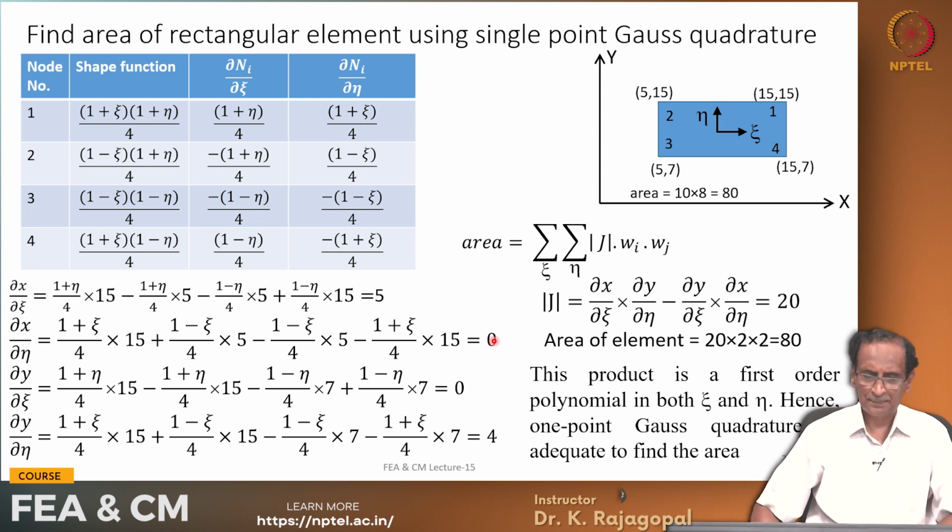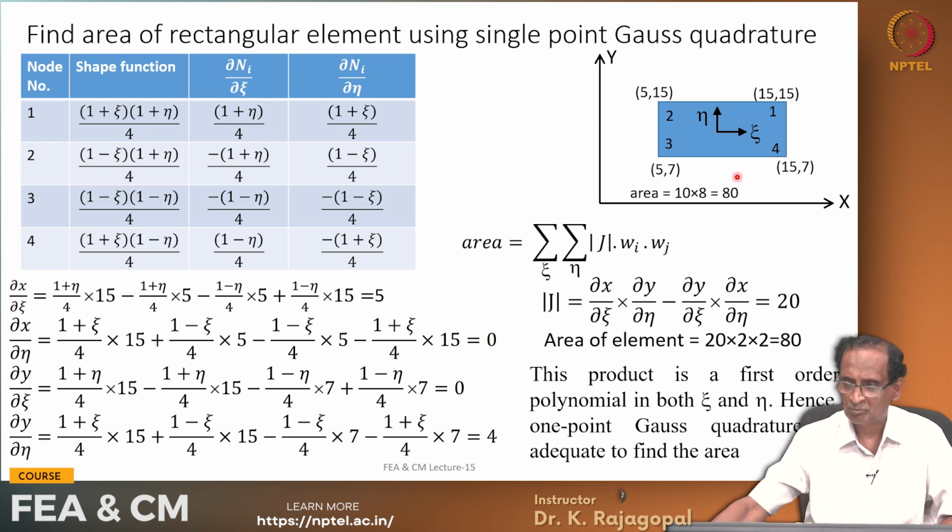So why did we get this type of answer? Dou x by dou xi is an absolute constant, and dou x by dou eta is also an absolute constant, but it's 0. Why? When you look at the shape of the element, a rectangle, xi and eta are coinciding with x and y.